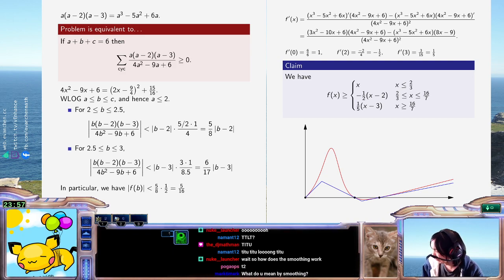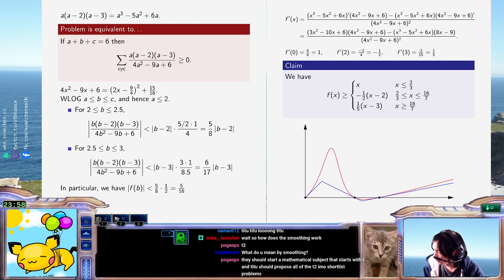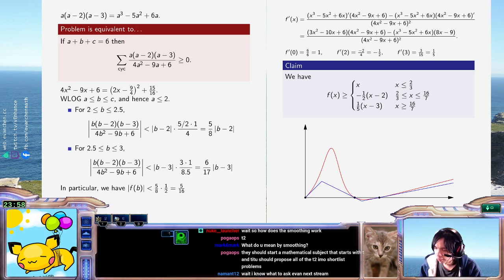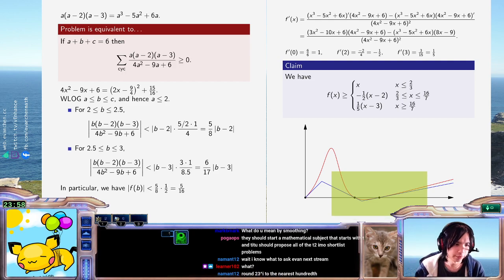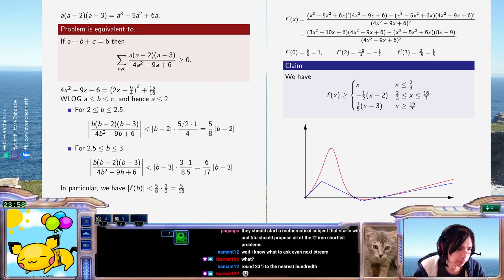The claim is that if a, b, c are variables with sum 6 on the blue curve, then the sum is also non-negative. And now I can prove it because it's a piecewise function. I can smooth it pretty well. This part is convex, so I can squeeze these until they're at the minimum. Yeah, this absolute value part is convex, so I can squeeze them together. And oh my god, please no.